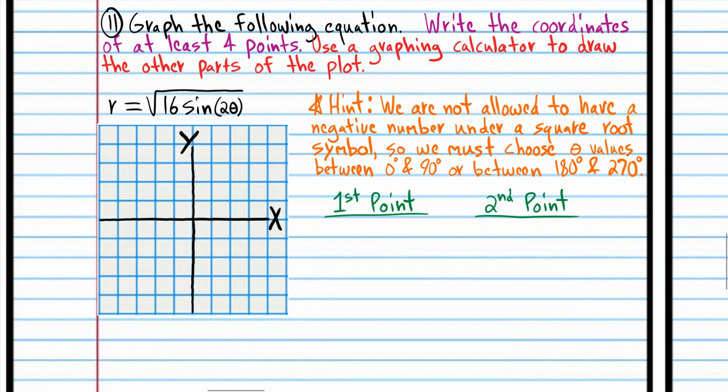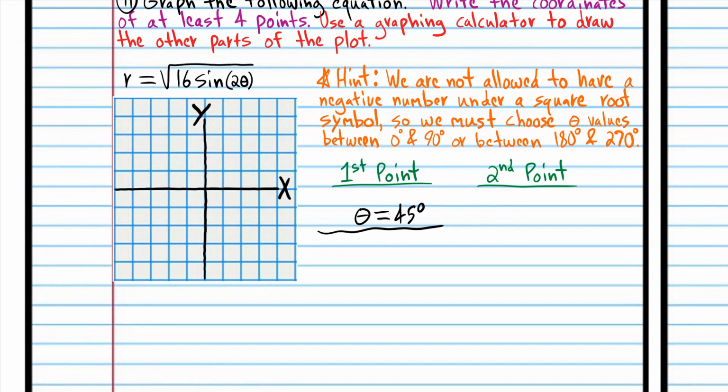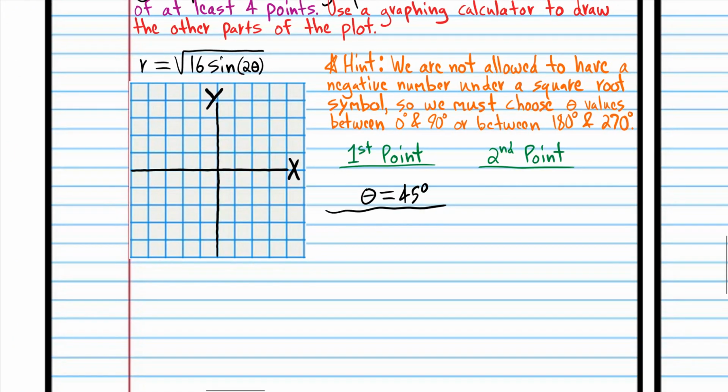So let's see, this is kind of a tricky one here. We have a polar equation and we're going to graph it. So let's choose our value of theta. I'm going to choose 45 degrees, and the reason I want to choose that is because I know if I multiply by 2 I get 90, and 90 is a special quadrantal angle, and we don't need to really do a lot of thinking for that.